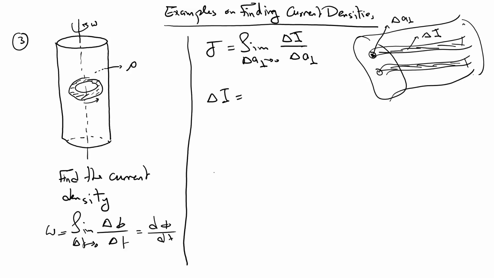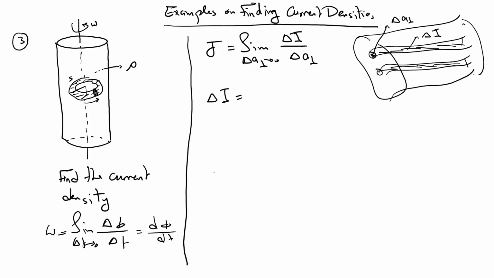Okay, and the charges are flowing in them and rotating in them. So this is a general pipe of some general radius S, and it has some cross-sectional area which we'll determine in a few seconds. Okay, so let's calculate delta I first.